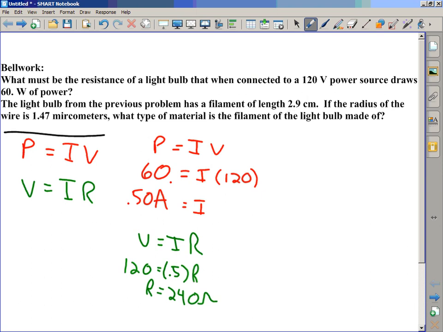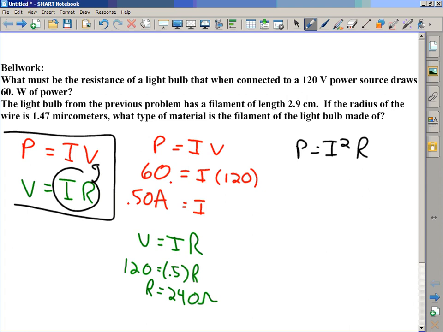Now, I referred to a couple of other equations here. I've got these two equations that I just used. But if we combine them, you get P equals I squared R in one derivation. All we did there is use Ohm's law, V equals IR, and plug the IR in for the V. That's where the I squared R comes from. The other one, P equals V squared over R, I simply reversed it.